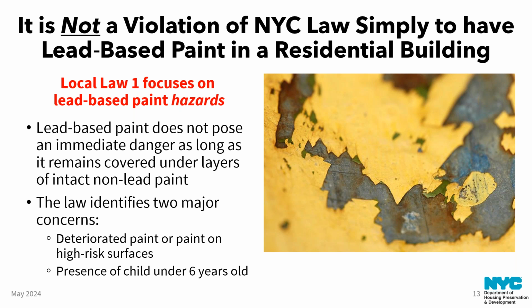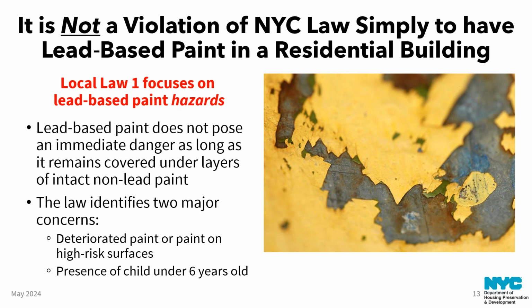So there are a lot of different requirements under the law, but basically the law focuses on lead-based paint that has become a hazard. Because as long as lead-based paint is covered under layers of intact non-lead paint, it is not considered to be an immediate danger. It's still not great that it's there, but it's not an immediate danger.